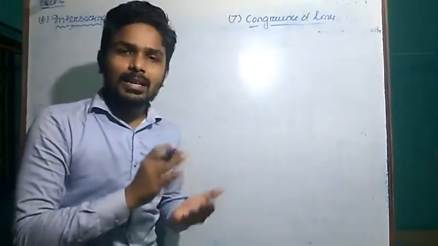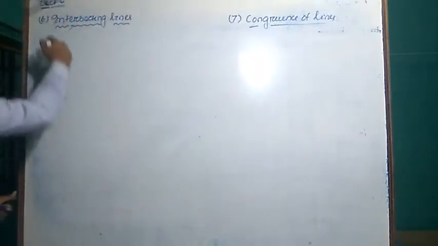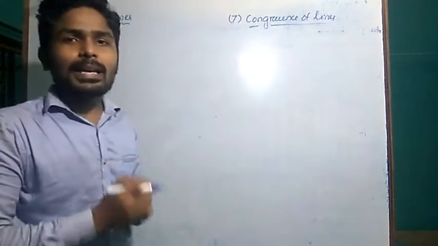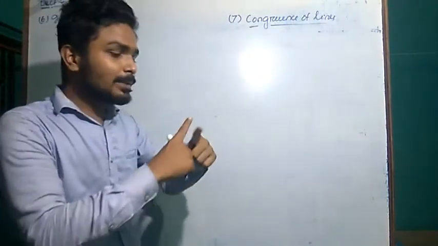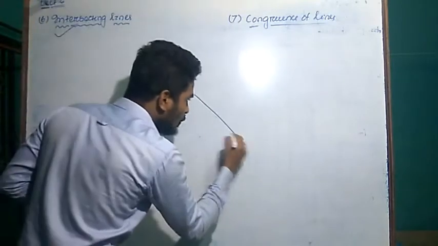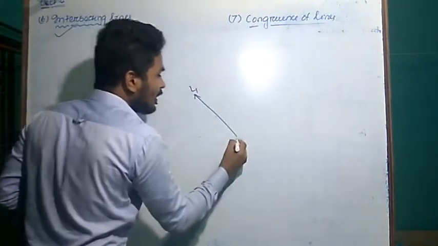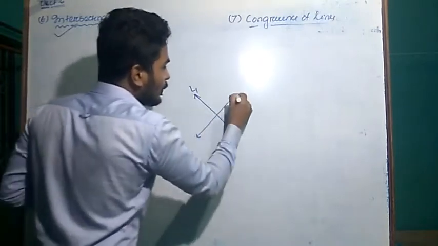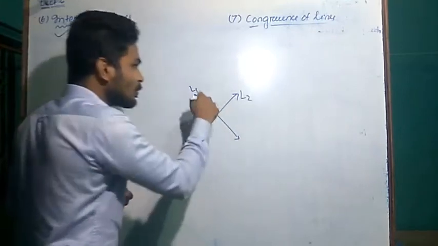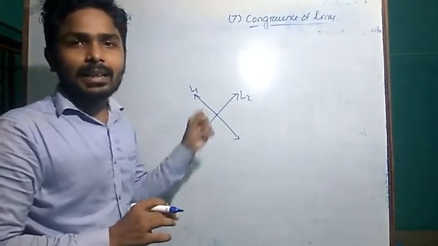And now coming to the 6th geometrical term, that is intersecting lines. So what are intersecting lines? Two lines are said to be intersecting if they meet each other. So if there are two lines, line L1 and line L2, that meet each other at a given point, then such two lines are known as intersecting lines.